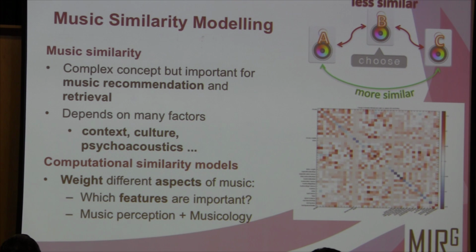We have some idea, so we're using machine learning to learn more about it, trying to also take into account some elements of context in the form of metadata, but there is also, of course, culture and psychoacoustics. And the computational similarity models that we work with then assign different weights to different features.